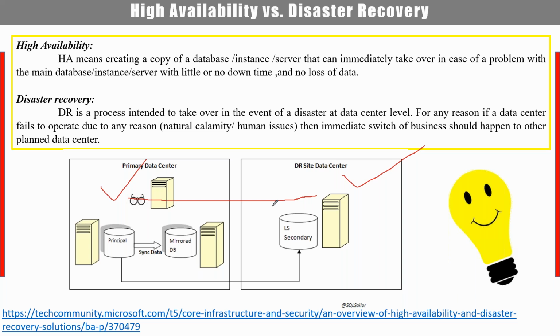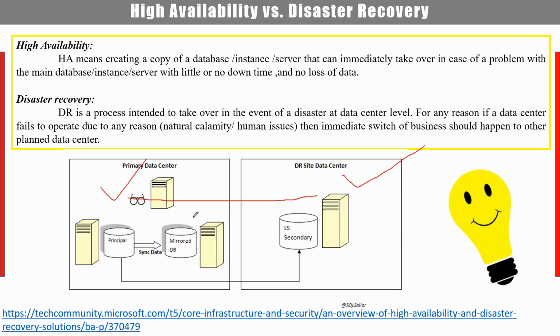That is disaster recovery. To maintain high availability within the same data center, we are going to keep multiple copies. That can be one, two, or three, depending on how many copies each feature will support.